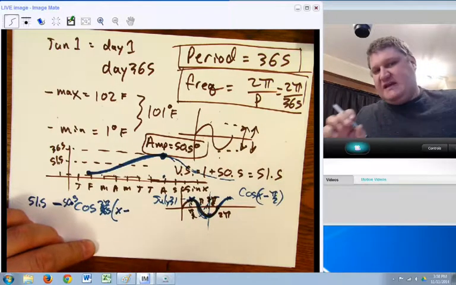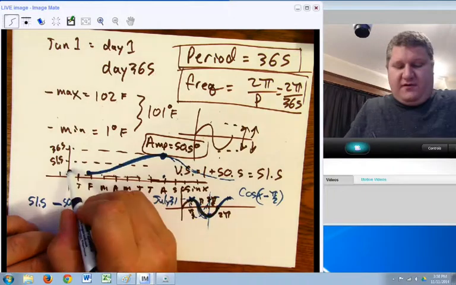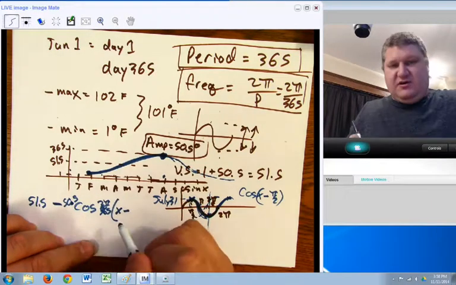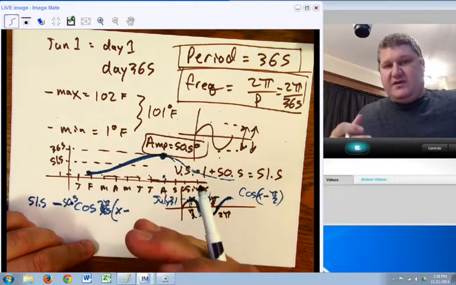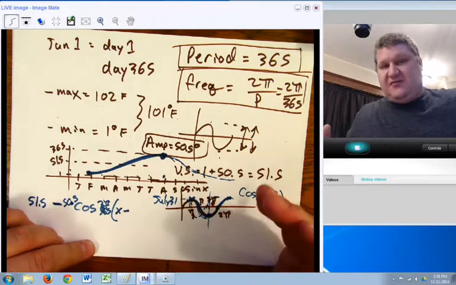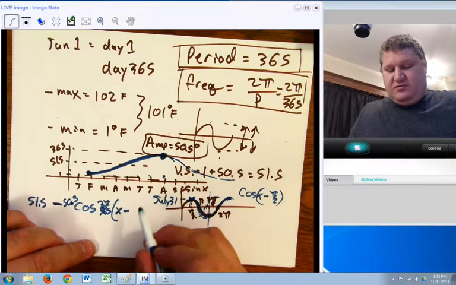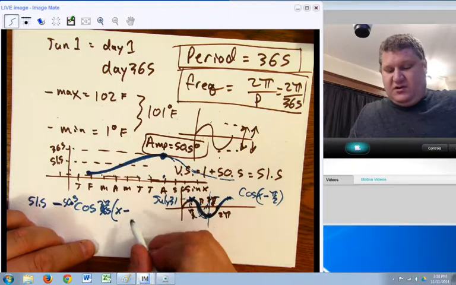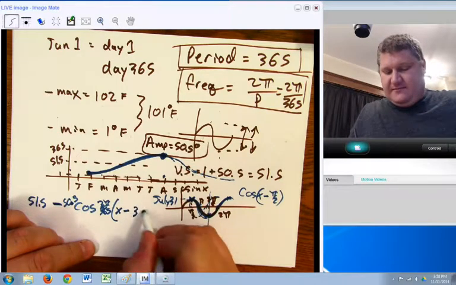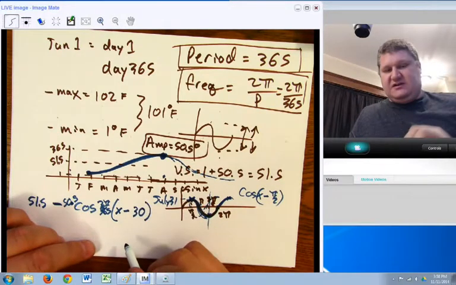If we used years, what would January 1 to January 31st be as a fraction? Well, since the months aren't even, we need things that are evenly spaced, so we're going to use days. So we're going to shift it from 1 to 31, which is a 30-day shift. Now let's double check that.